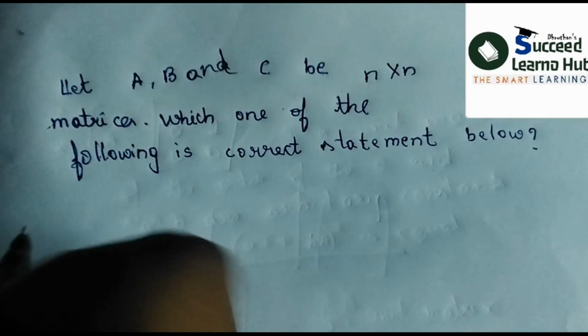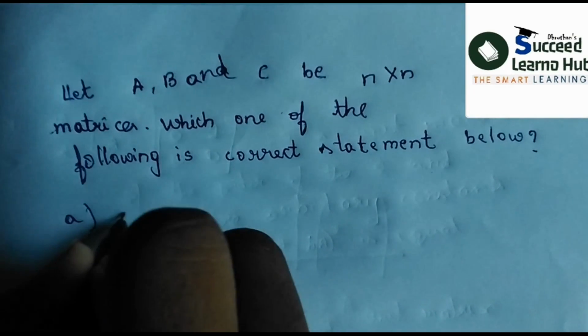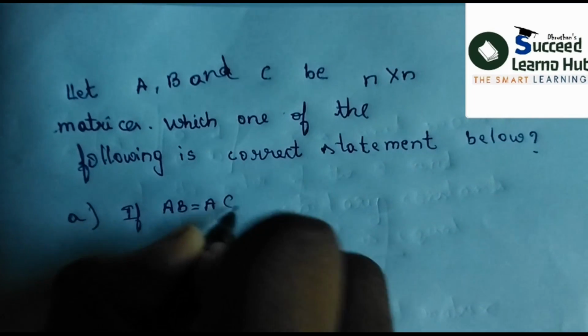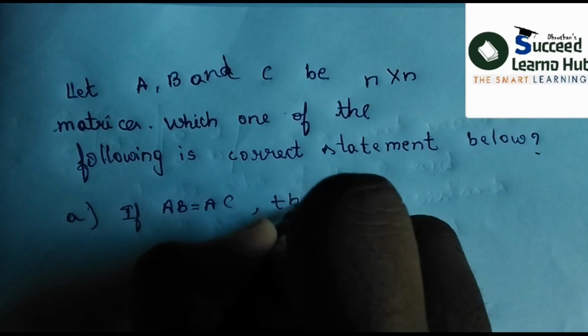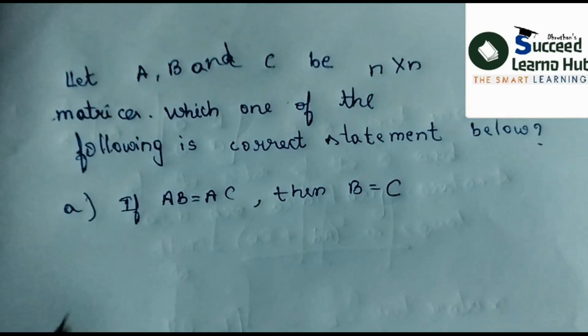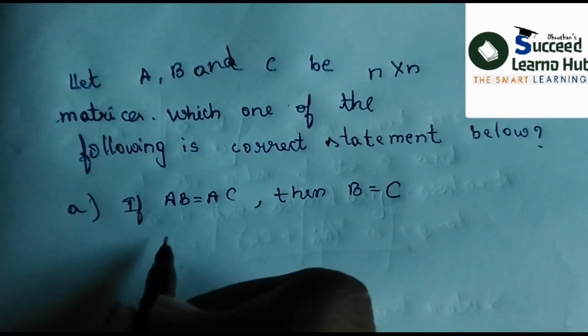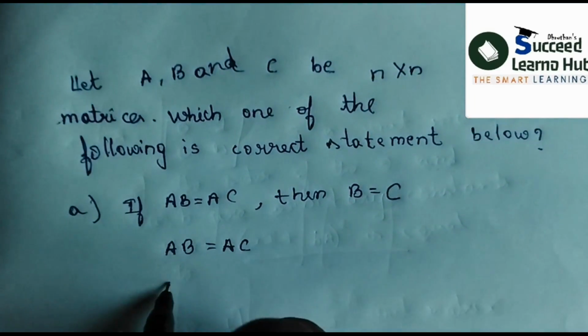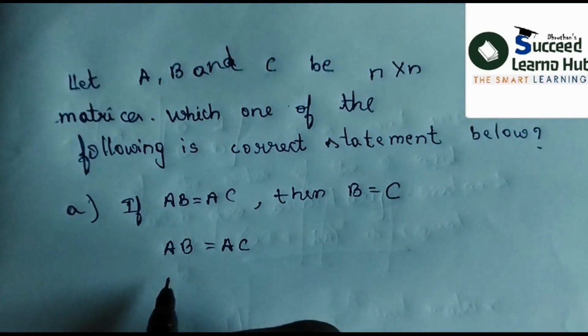Now, here the first option is, if AB equals AC, then B is equal to C. We need to look whether this option is correct or not. Let us take AB is equal to AC, multiply by A inverse on both sides.